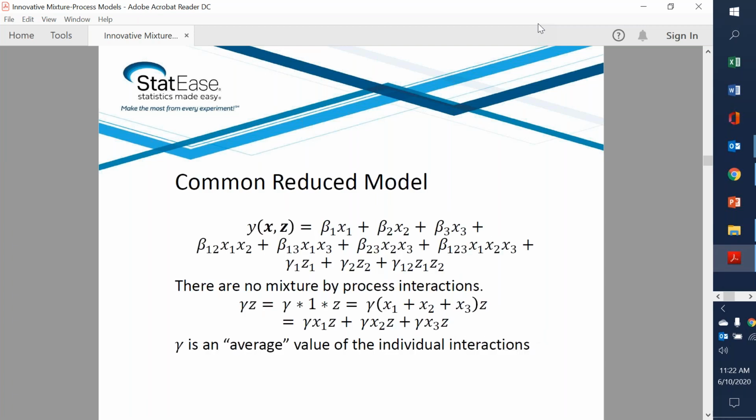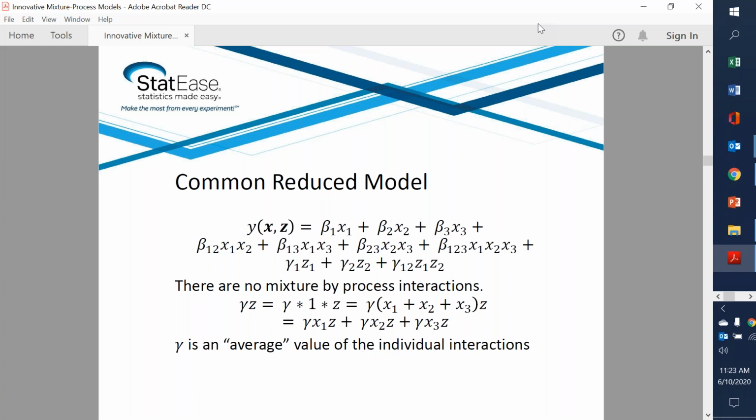A common reduced model, this is the way John typically thought about it, and this is an extension of the mixture amount problem. John often really thought about these process variables. A classic example is that the amount is a process variable. So this is really how John was beginning to think about it.